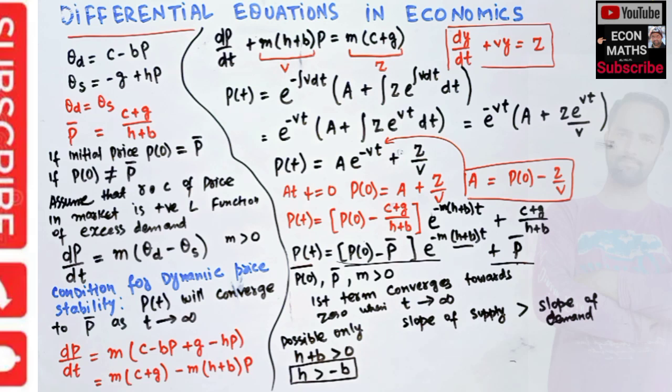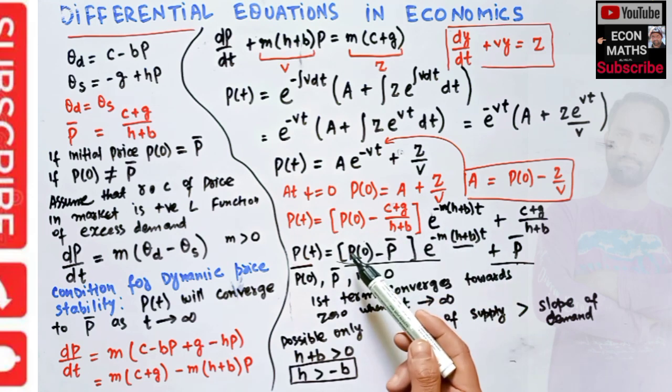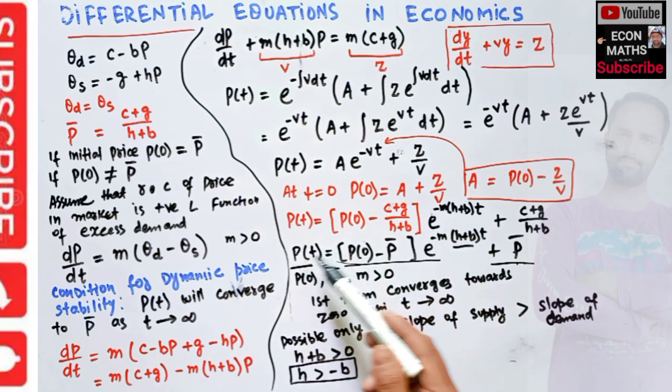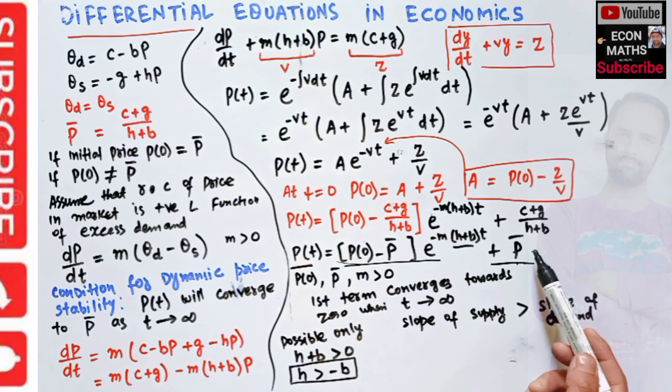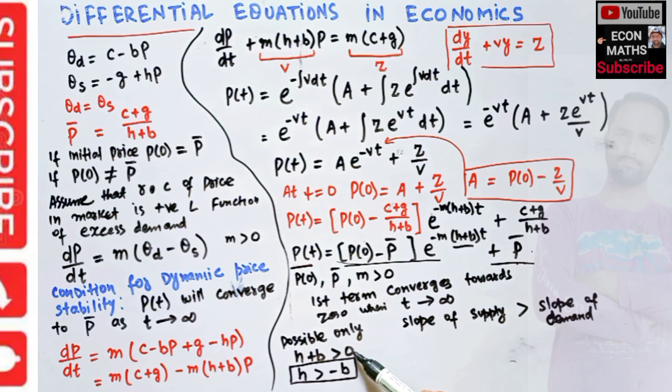Okay, so here you can see h plus b should be greater than 0. Then this first term on the RHS will be equal to 0, and our PT will converge to this equilibrium price. It will occur only when this h plus b is greater than 0.